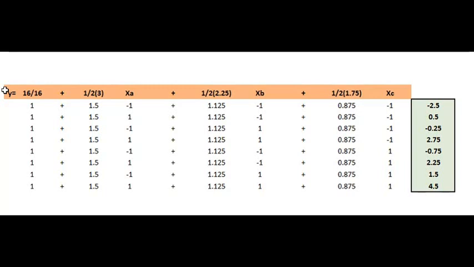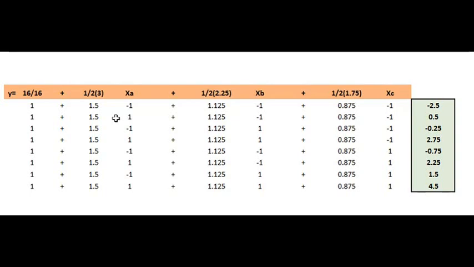Also, the effects we already calculated at the beginning of the problem. We have to copy this model 8 times, and here we are going to replace with the coded values that we already saw in the first part of the video.